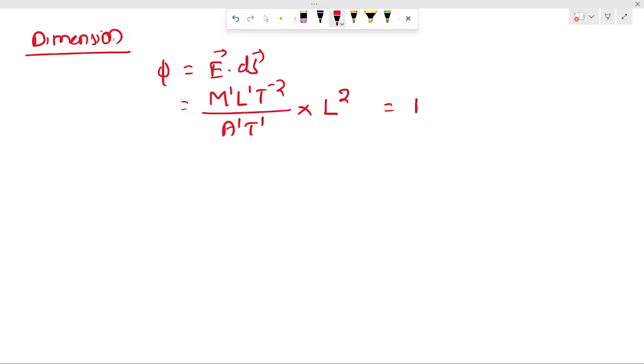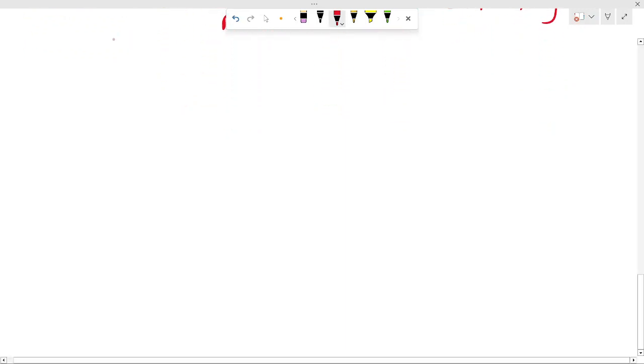So it will become M1 L3 T minus 3 A minus 1. So this one is my dimension formula for electric flux: M1 L3 T minus 3 A minus 1. Here, when A goes to the numerator, you have to write it with a minus sign.